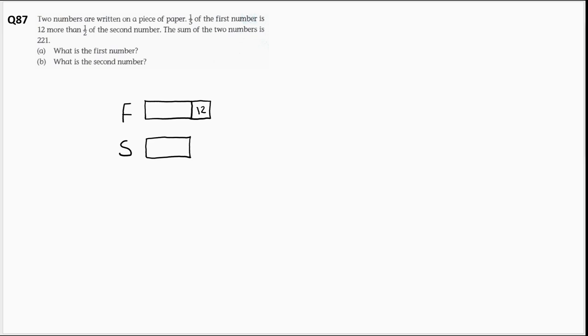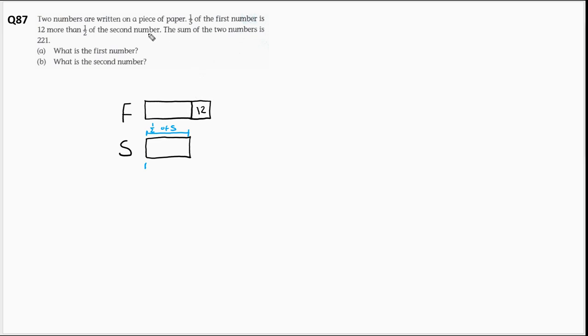So let's label this then. We'll start with the second number, and we know that this represents 1/2 of the second number. And what's this then?